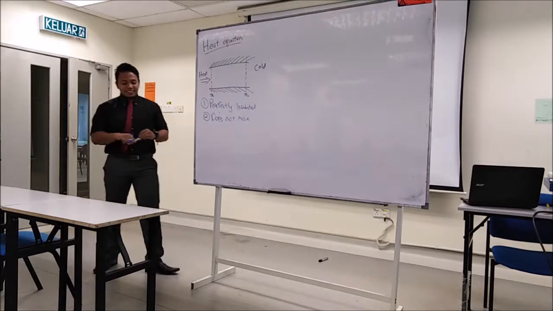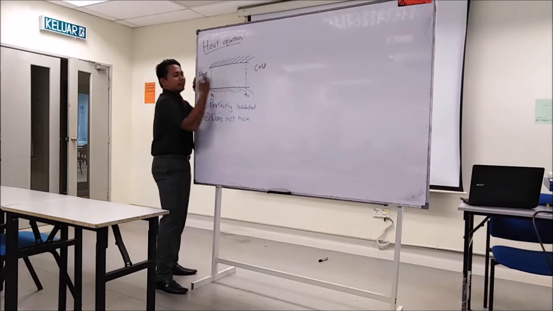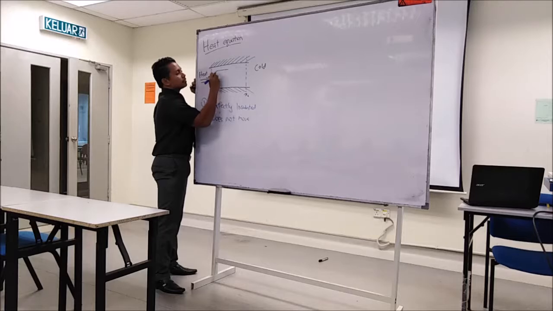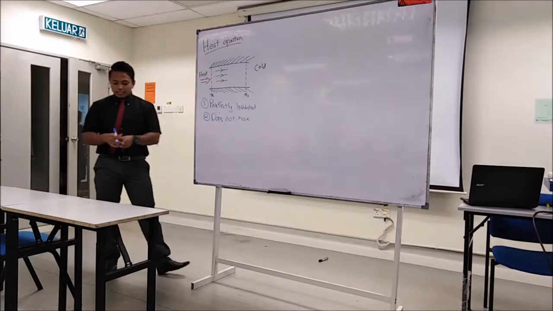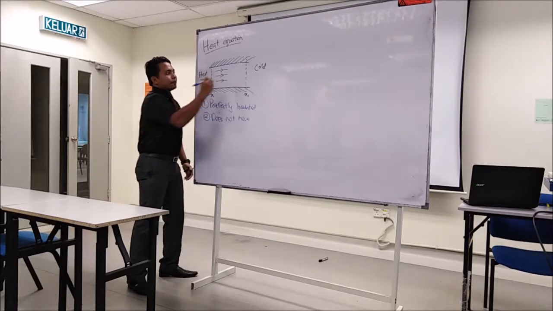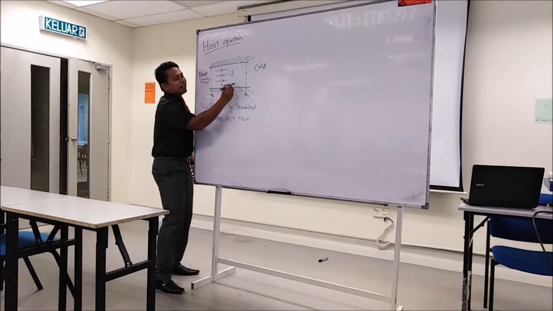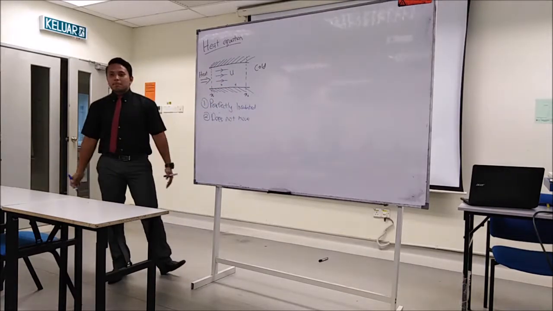So where is the heat transfer? The flow of heat must be what? From here to here or from here to here? From hot to cold. Yeah, from hot to cold. So this is the vector, right? And as I mentioned earlier, the temperature here and here, is it going to be the same?